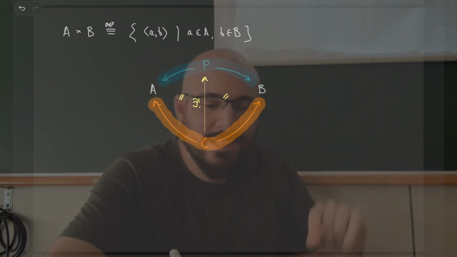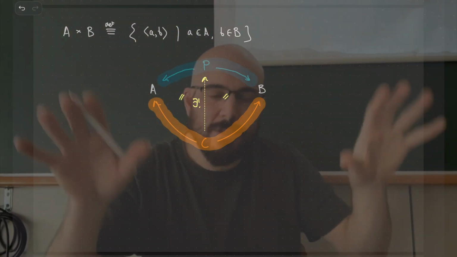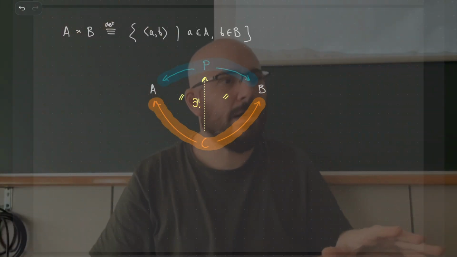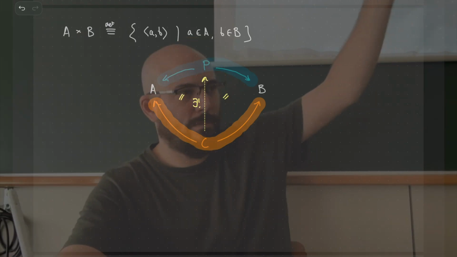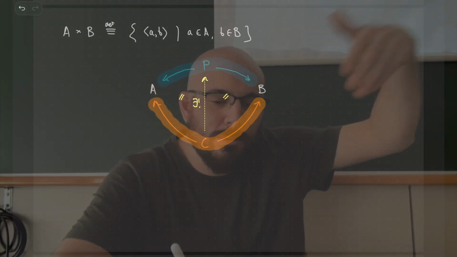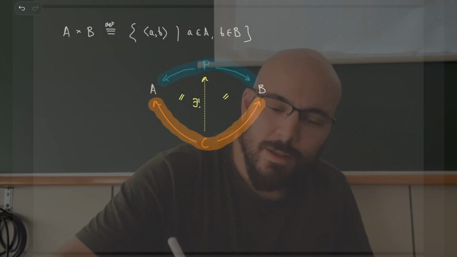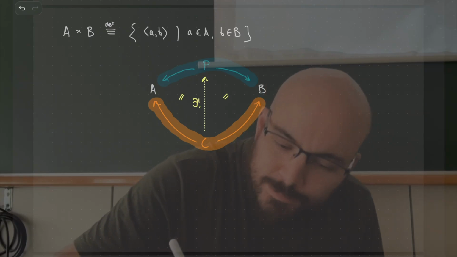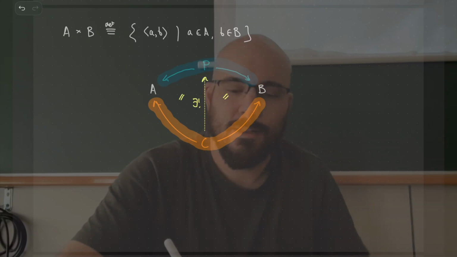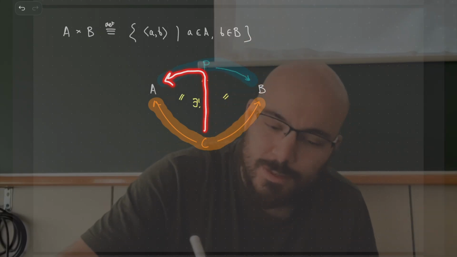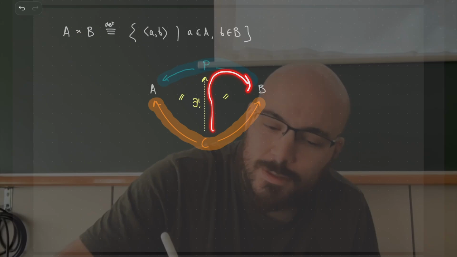No, the point is that this arrow must fit in well in the rest of the diagram. And fitting in well with the rest of the diagram means that it must make it commute. Think of it as expecting something to flow there in a certain way, and you will consider these to be valid if this is equal to that, and if this is equal to that.